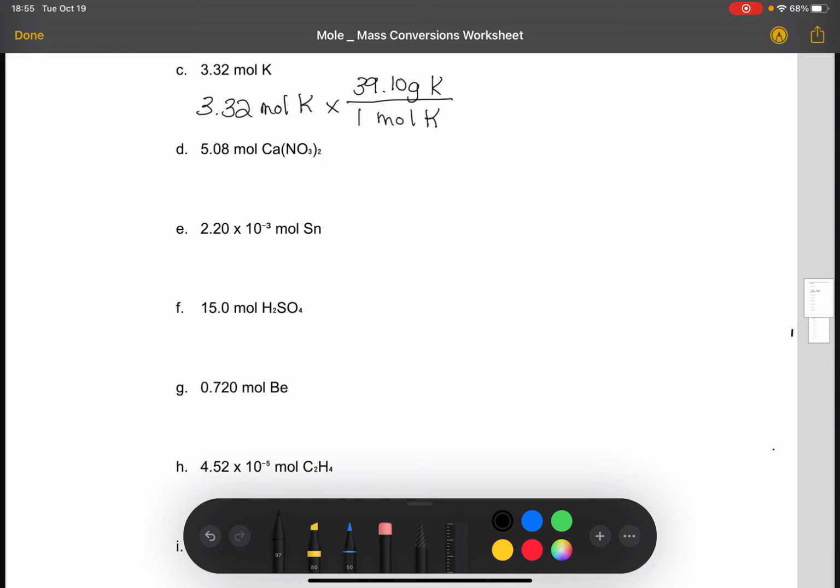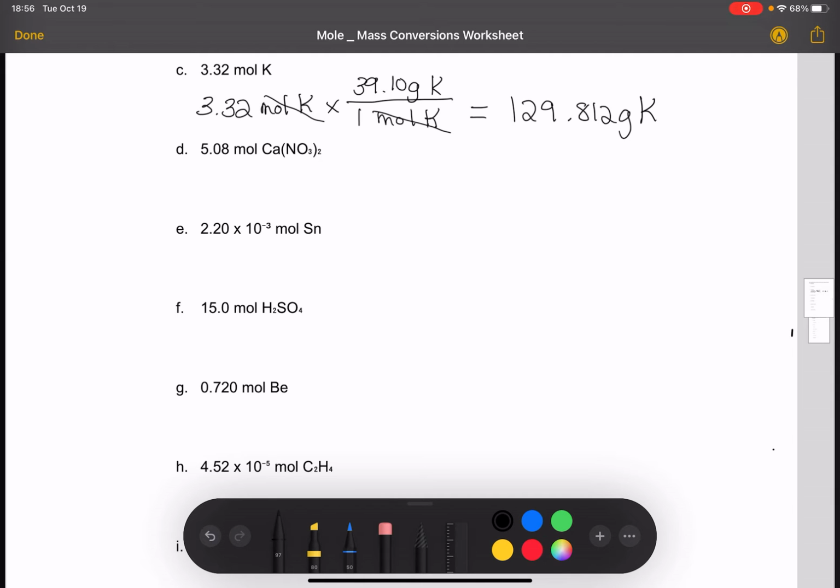Our units cancel out, moles of potassium, and all we're left with is 3.32 times 39.10. Let's plug that into our calculator: 3.32 times 39.10, and we are left with 129.812 grams of potassium. We're not going to worry about significant figures here.